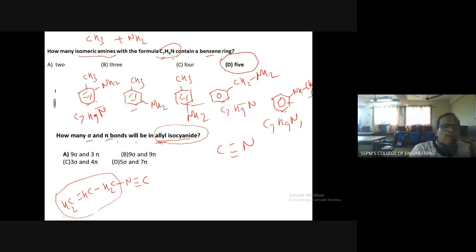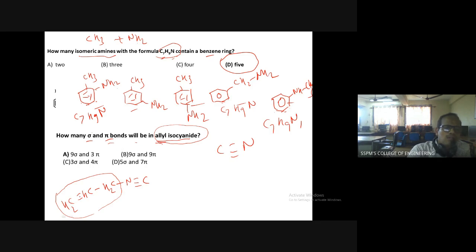Now what they have asked is how many sigma and pi bonds are there. So pi bond means what? They are available with double and triple bonds. Double and triple bond मध्ये pi bond असतात. But otherwise all bonds are sigma bonds. So here if we count sigma bonds, here two hydrogen means two bonds.